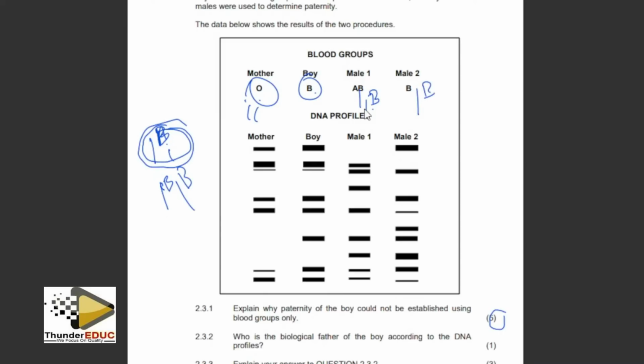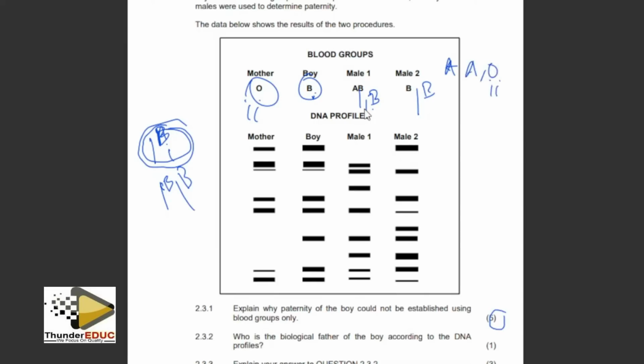So that's why in this case blood group can only help you to eliminate those possibilities which cannot happen. For example, the father can't be blood group A because this person is blood group B. If it's blood group A, there is no way the boy is going to have blood group B. So another man who is blood group A is wiped out, and another man who is blood group O cannot be the father either. Why?